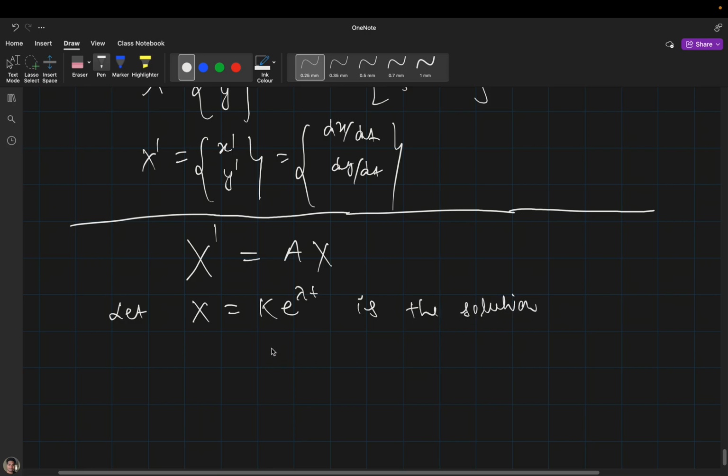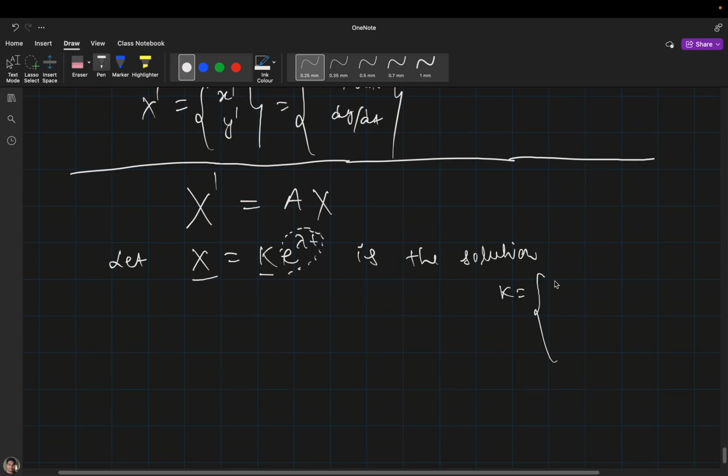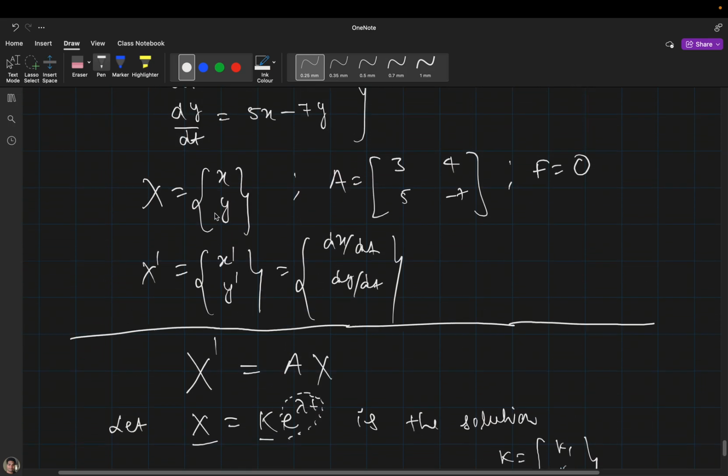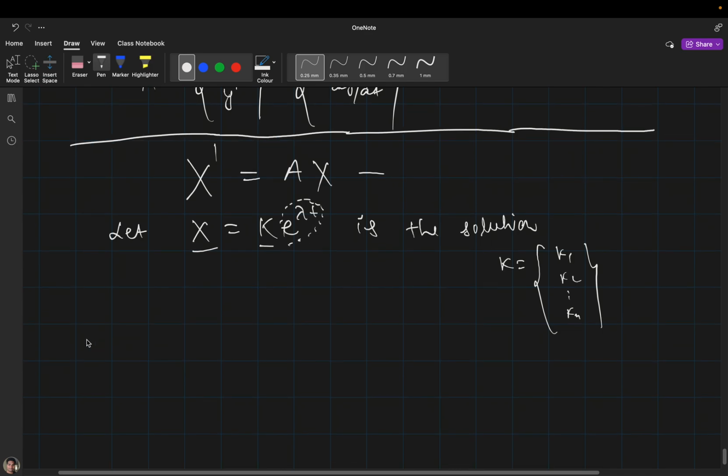Here K is a vector of order n by 1, because e raised to lambda t is a scalar, and X is also a vector, which means K is a column: k1, k2 up to kn. And X is nothing but x1, x2 and so on. So this is the scalar, and I am assuming this is the solution. Now I will differentiate this with respect to time t.